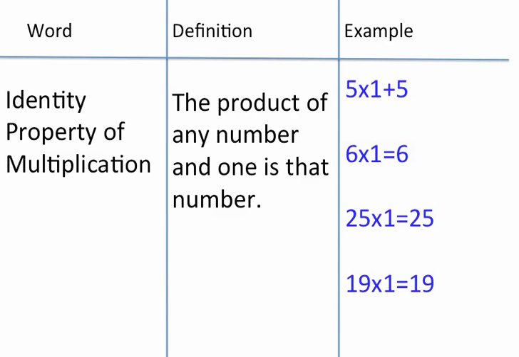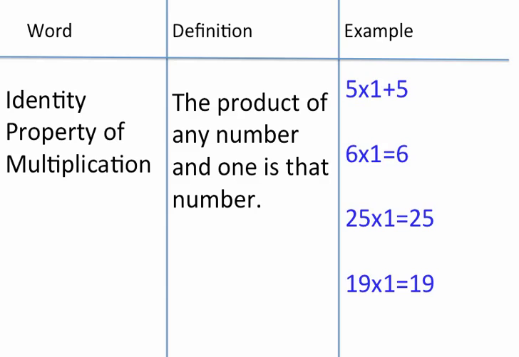The next definition, identity property of multiplication. The product of any number and 1 is that number. In other words, it keeps its own identity. So if I take 5 and I multiply it by 1, I still get 5.